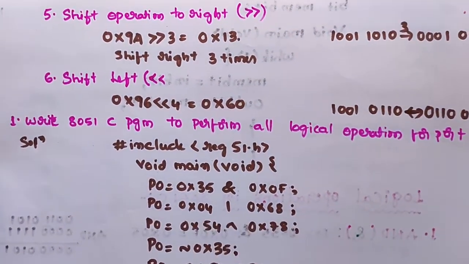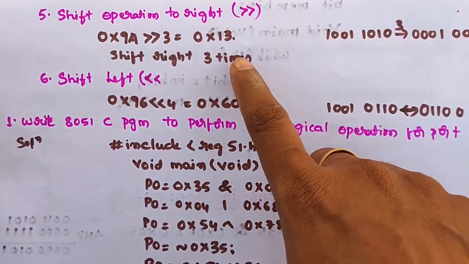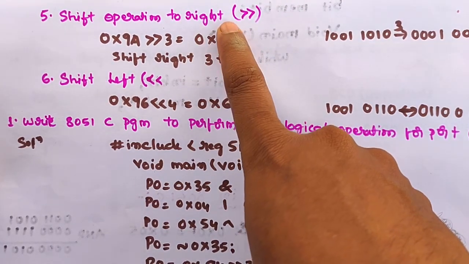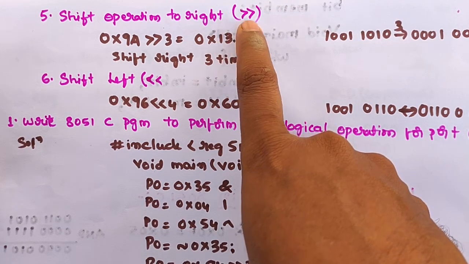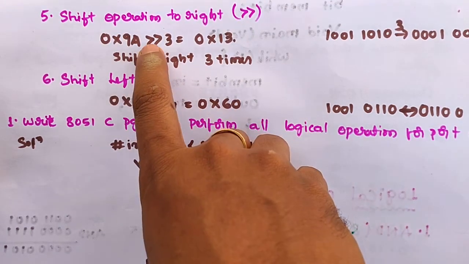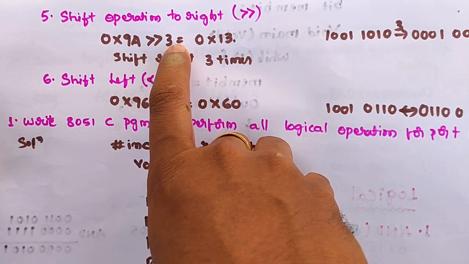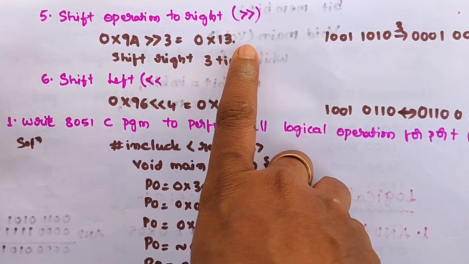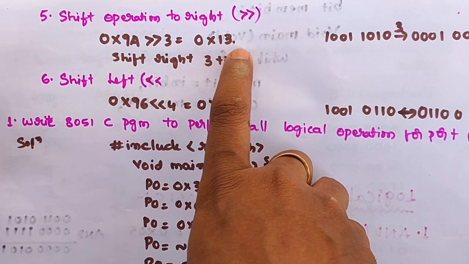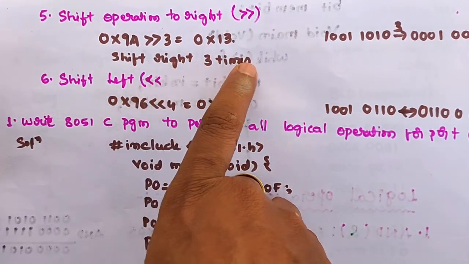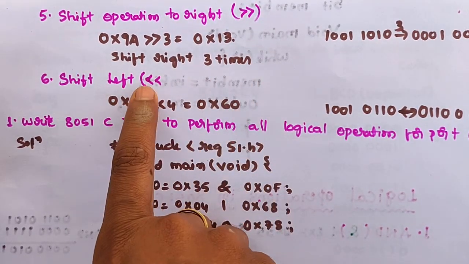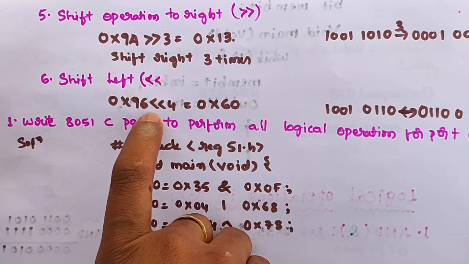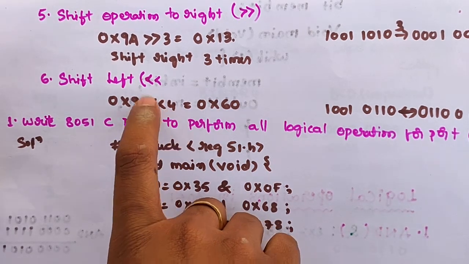So the next operator is the bit shift operator. We know the shift operator shifts the value towards the right, that is 9A shifted 3 times. Therefore you will get the value 13H, shifted 3 times. Similarly, shift towards the left: this 96 is shifted 4 times towards the left.